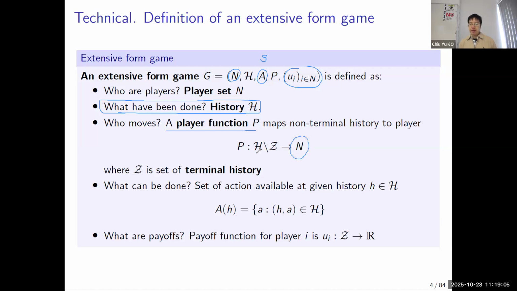So it's a mapping from possible histories, what can happen except the last terminal nodes, to a person, and based on history, we define what is available at that point in time. And the payoff will be based on the terminal nodes, what is the payoff.